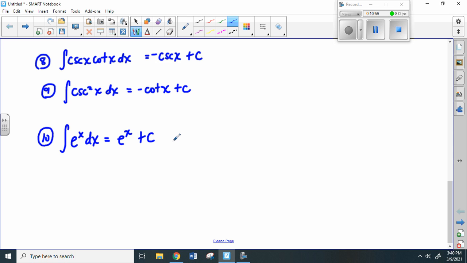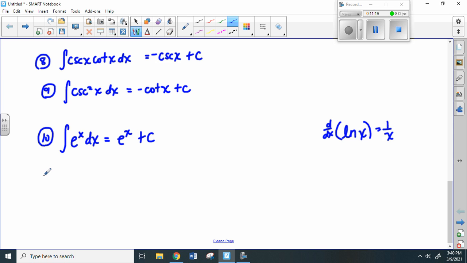And then one of the other functions that we spent time looking at: we learned how to take the derivative of natural log of x. If I take the derivative of natural log of x, hopefully you remember you get 1 over x.